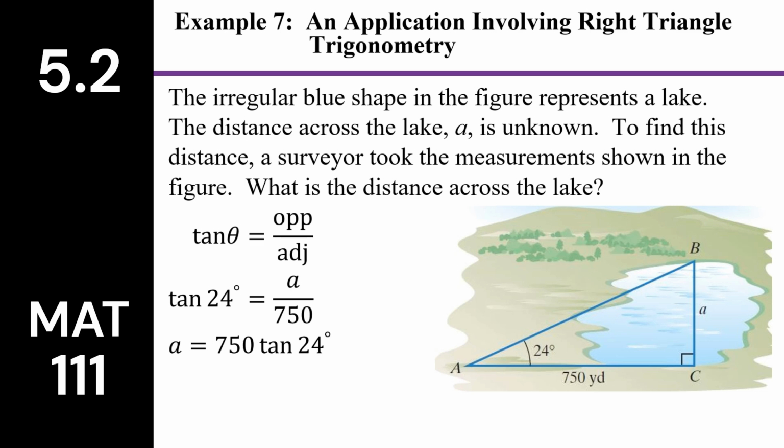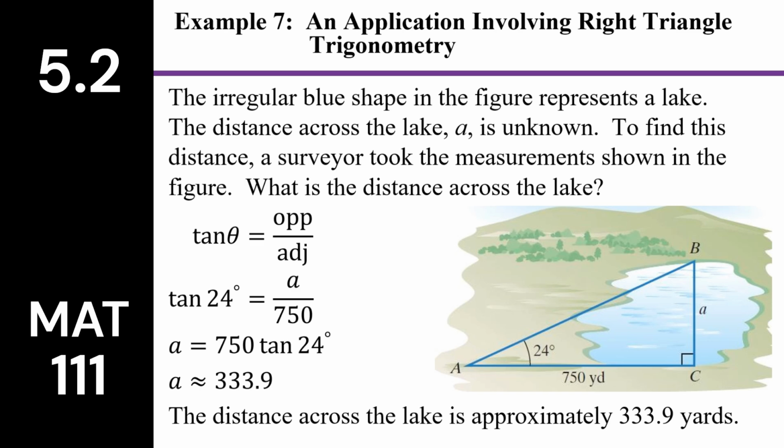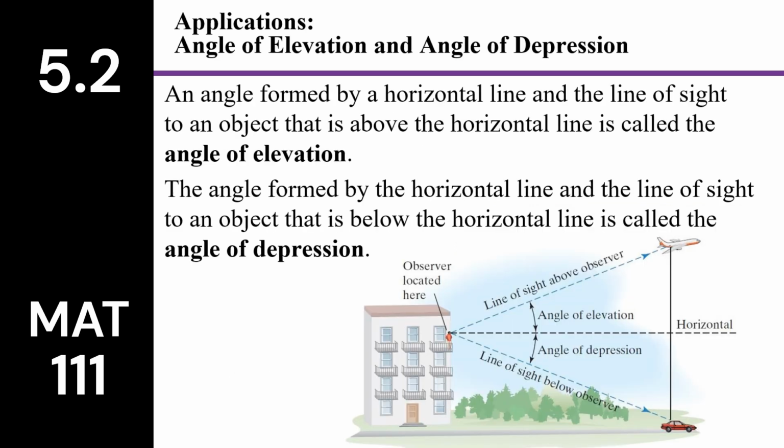And then we can use our calculator on this. Be careful when you use your tangent button. You have to make sure that you are in degree mode because this is 24 degrees. So you multiply 750 times the tangent of 24. So the distance across the lake is approximately 333.9 yards.